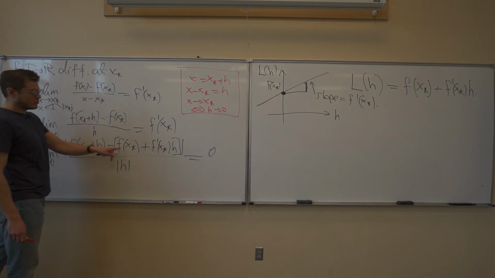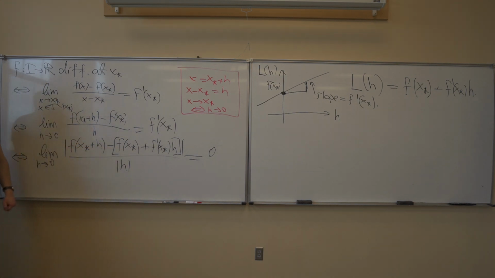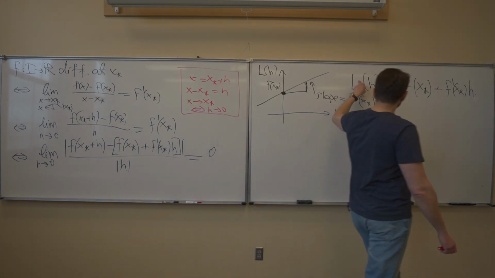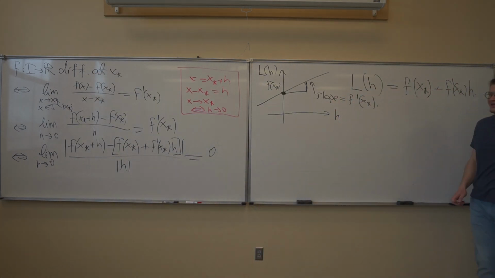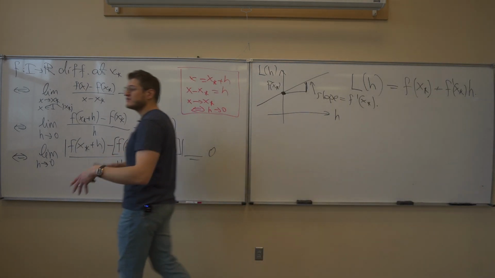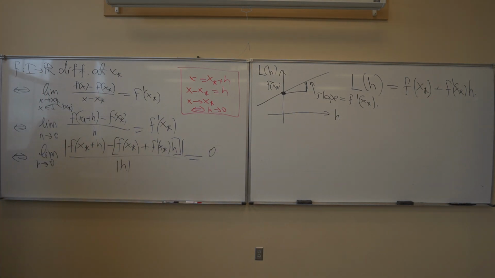But it's still dependent on x star, if you think about it. But what I'd like to say is that here, the original function f is the complicated object I'm trying to understand. And this L is the local simple model that I'm using to approximate. In other words, to understand f slightly better. Trying to summarize it, simplify it.